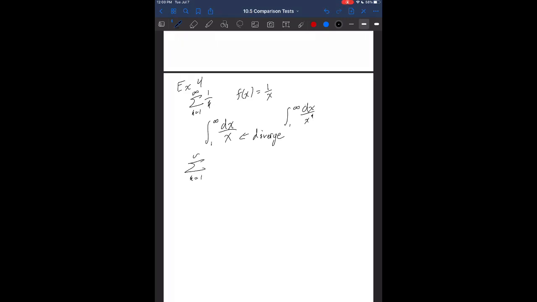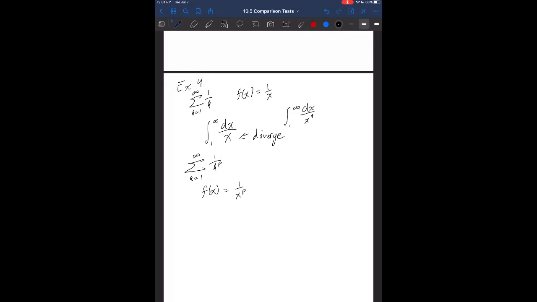And what we can do in general is, if we have the sum from k equals 1 to infinity of 1 over k to the p, where p is just going to be some number, then we can use our function f of x equals 1 over x to the p. We know that this is going to be decreasing as long as our p is positive.